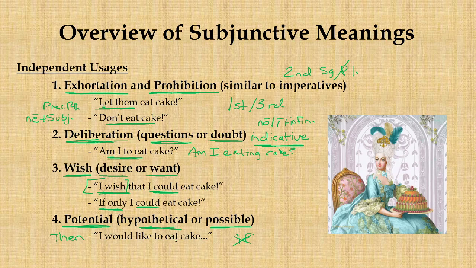Essentially, it's just I would like to eat cake. If I were older, if I hadn't already eaten cake, I would. If I hadn't already eaten dinner, I would like to eat some cake. But essentially, this potential idea is just representing the then part of a conditional statement without the if.